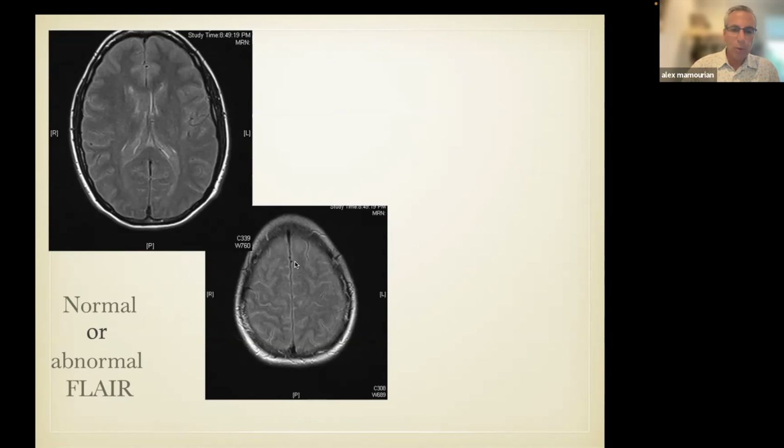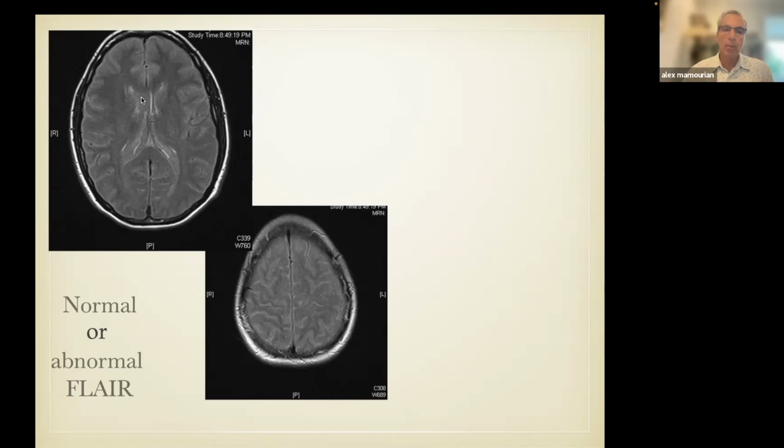This looks like an abnormal FLAIR scan on this slice, but when you look at this slice, you notice that the CSF in the ventricle is not suppressed. So the one thing that people don't consider all the time is that the ventricles and the subarachnoid space in theory are different spaces, in the sense that the fluid went through the ventricles, down along the spinal cord, and comes up along the convexities to be resorbed in the arachnoid granulations.